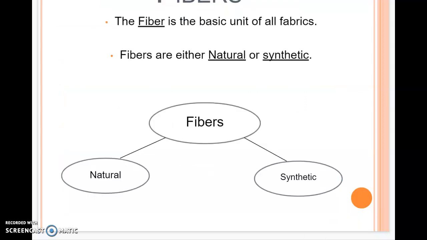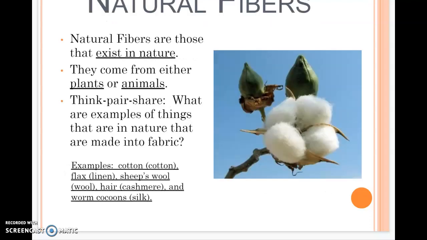All right, so fibers. The fiber is the basic unit of all fabrics. Fibers are either natural or synthetic. So we have natural fibers. Natural fibers are those that exist in nature. They come from either plants or animals.